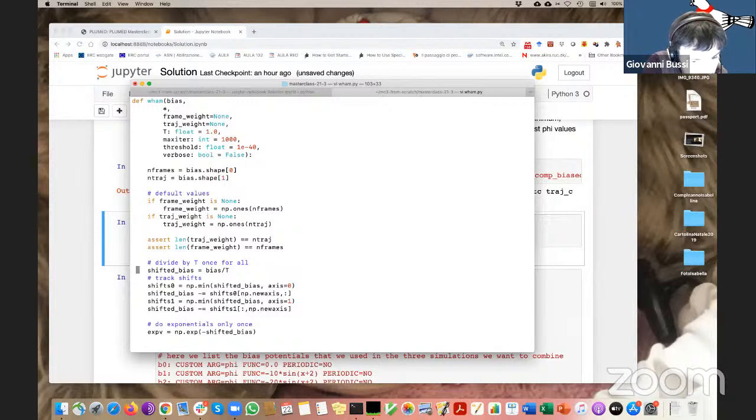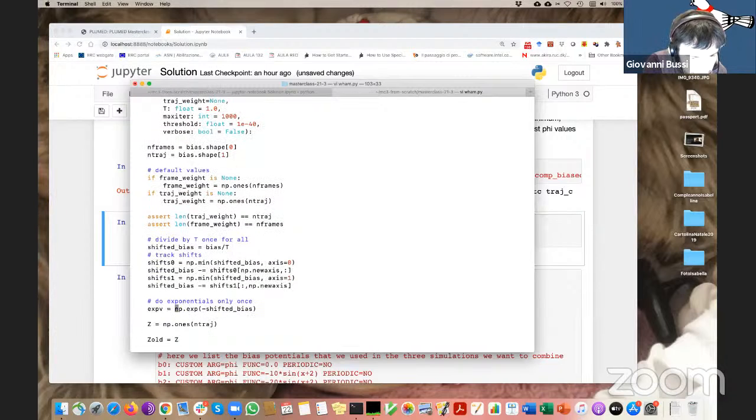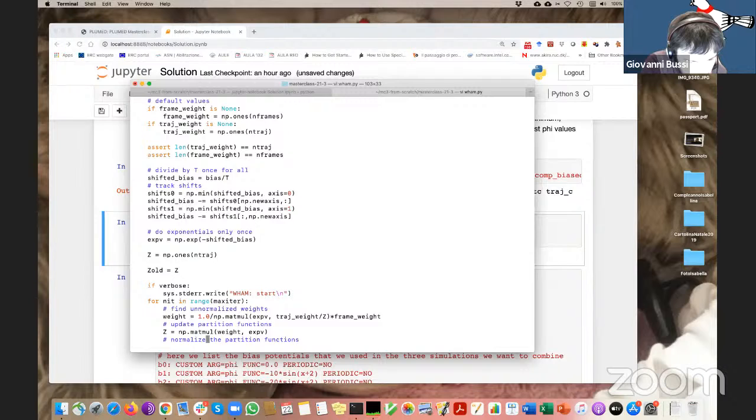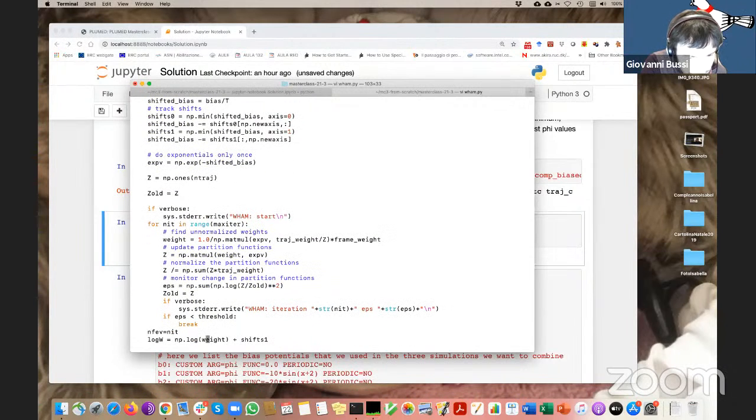So the first thing that it does, it rewrites the bias in units of KBT. Then it does some trick that you could, at the first exploration, just ignore. This is just to avoid overflows. It does the exponential of minus the bias potentials, and then iteratively solves the equations that were in the slides.